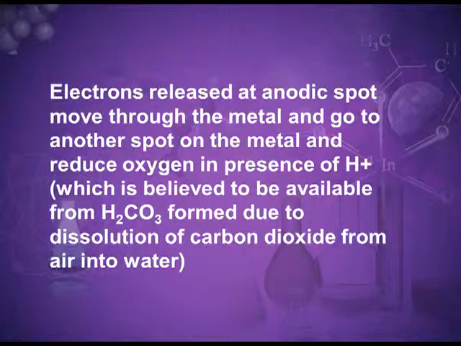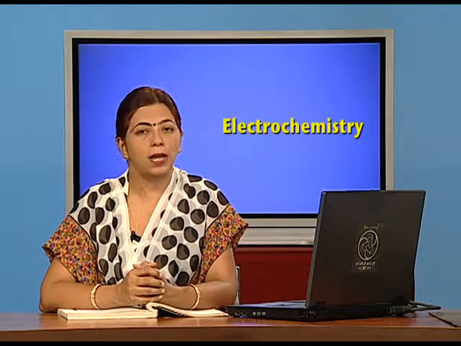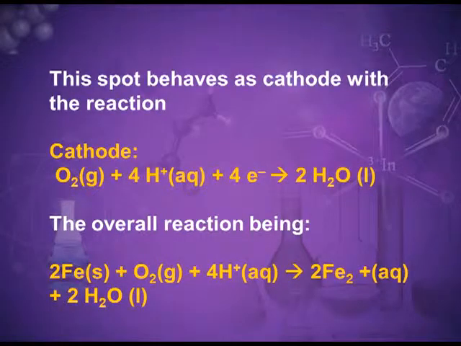This carbonic acid provides hydrogen ions. The oxygen in the presence of hydrogen ions accepts electrons, gets reduced and forms water. It all takes place at the cathode. I have already explained that oxidation takes place at anode and reduction takes place at cathode. Oxidation is the loss of electrons and reduction is the gain of electrons.